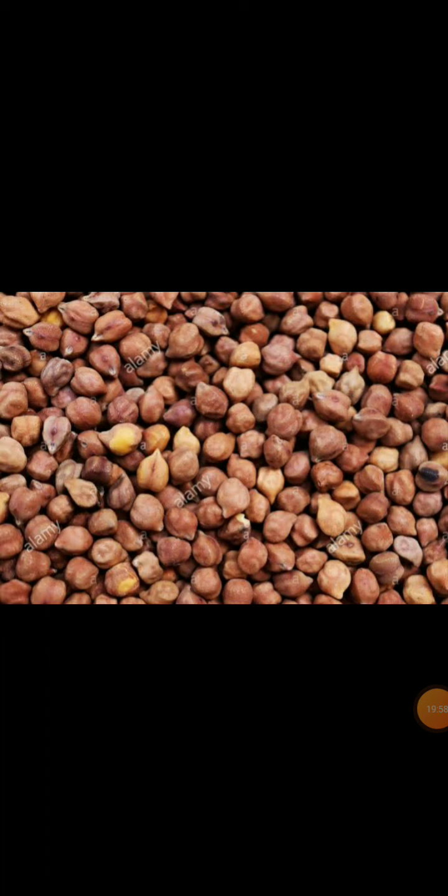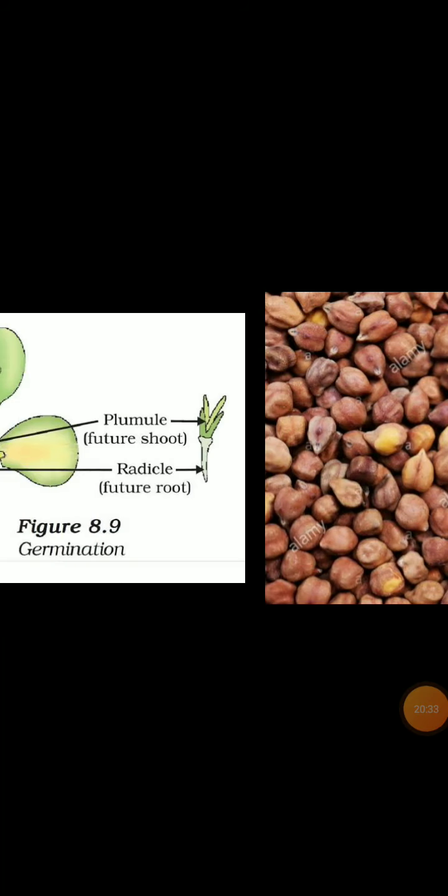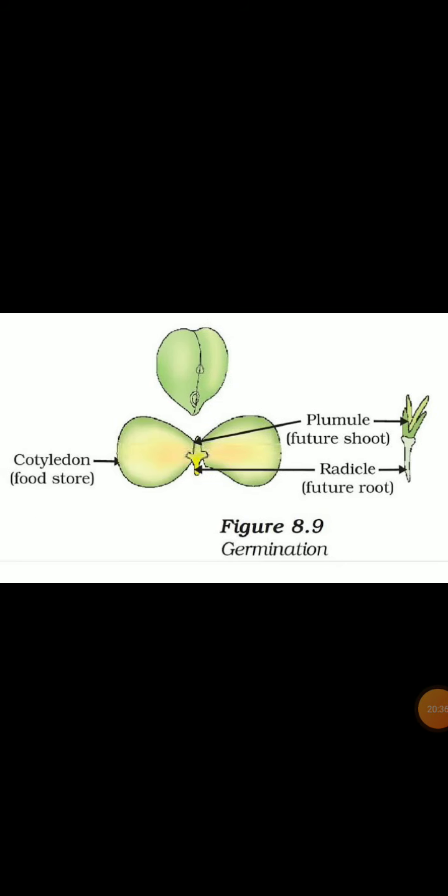There is an activity in your textbook where you take a few seeds of Bengal gram, that is chana, soak them and keep them overnight. Then drain the excess water, cover the seeds with a wet cloth and leave them for a day. Then you open the seed carefully and observe the different parts. Here germination is shown.